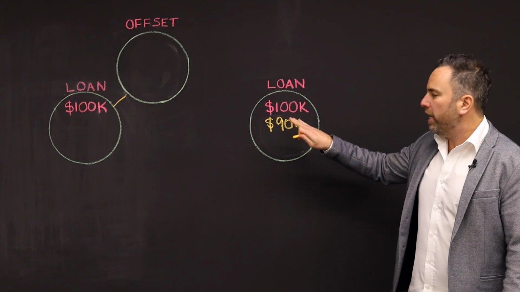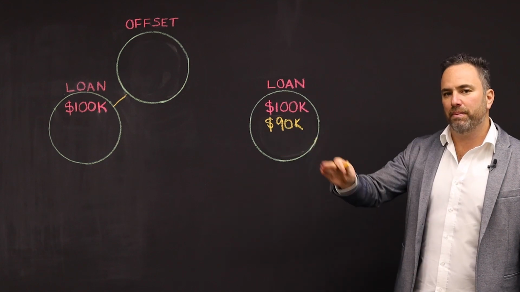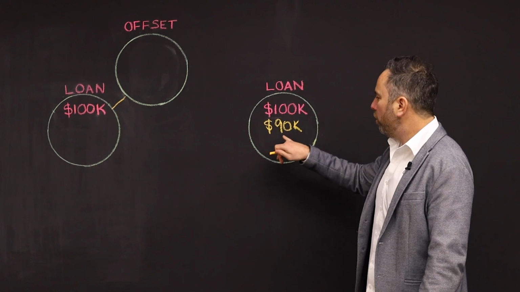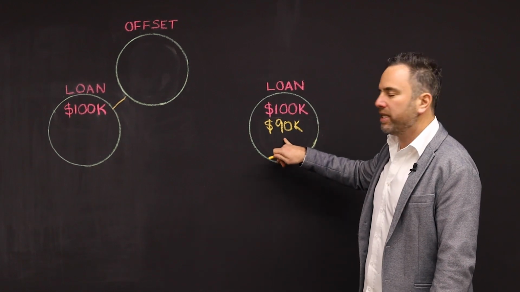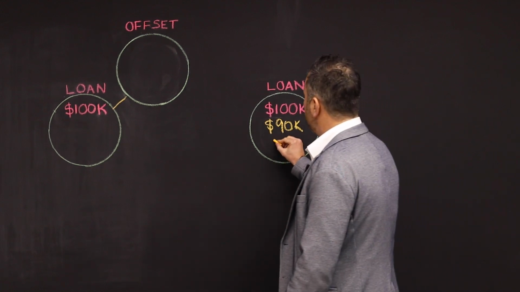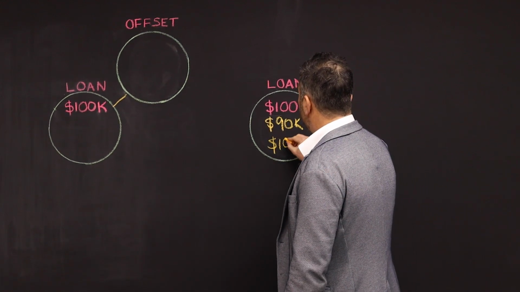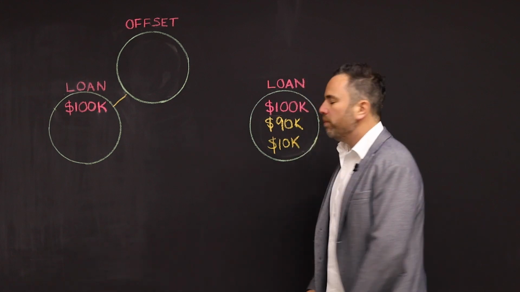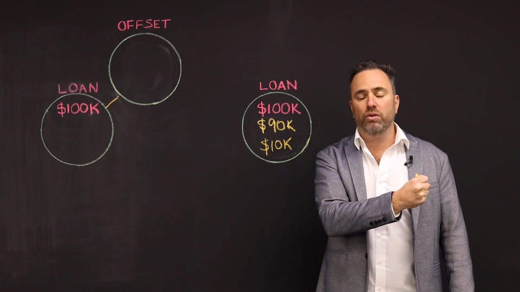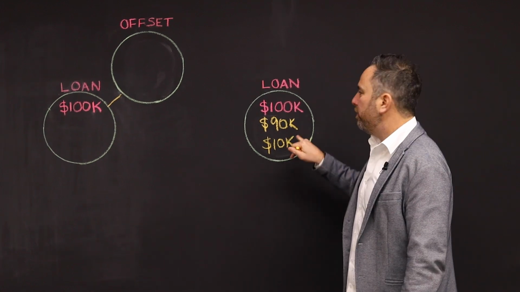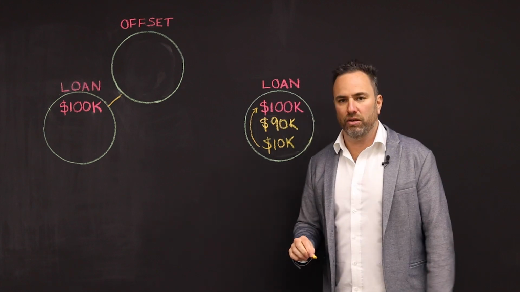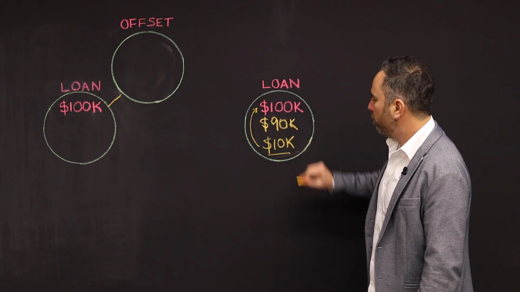You will now be charged interest on $90,000, not on $100,000. And within that loan facility, you'll be able to click a button on internet banking and redraw that $10,000 back out of the loan facility. When you do that, the balance would go back up to $100,000. But that's the amount that you've got in redraw.